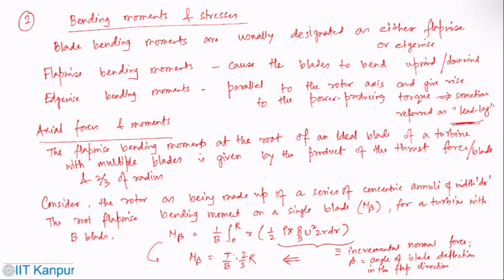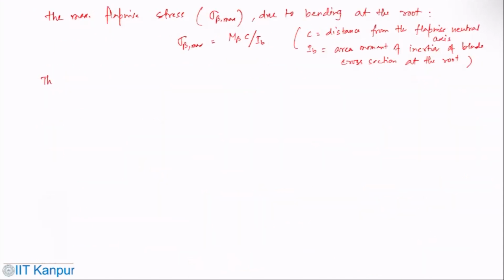Now, like maximum flapwise stress, the shear force A sub beta at the root of the blade can be estimated as the thrust divided by the number of blades.